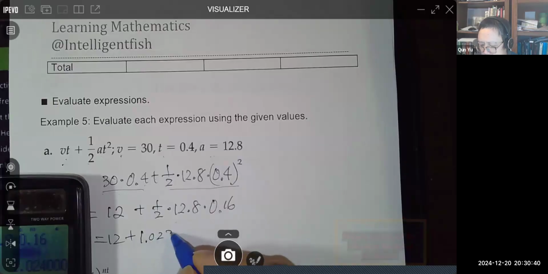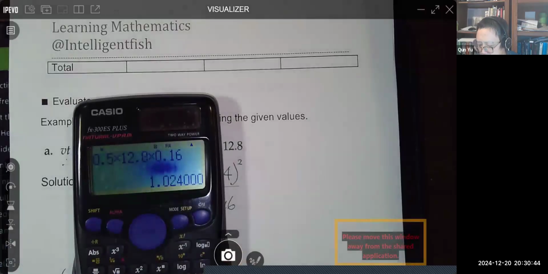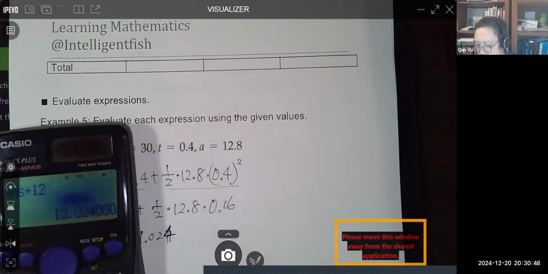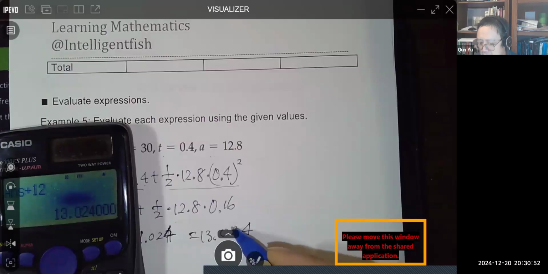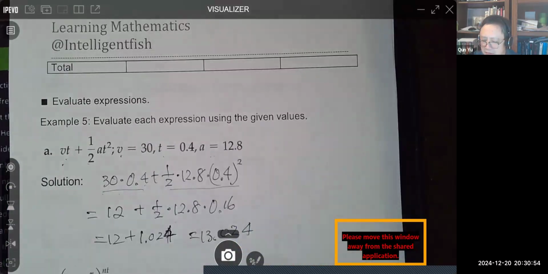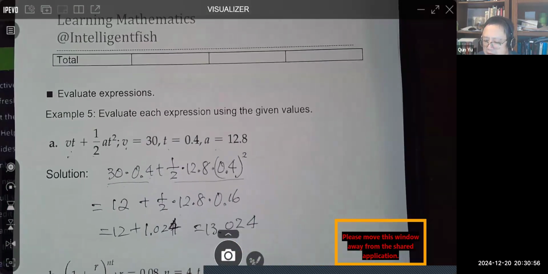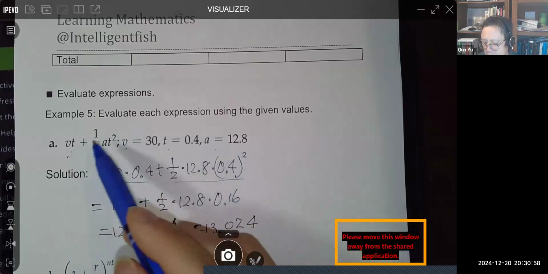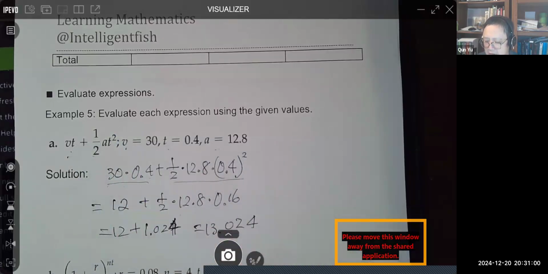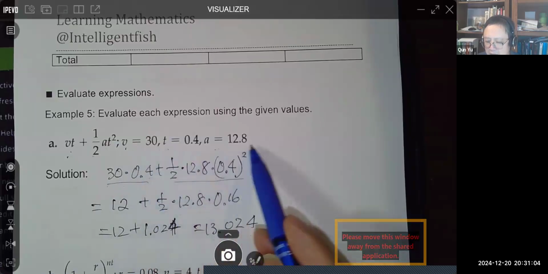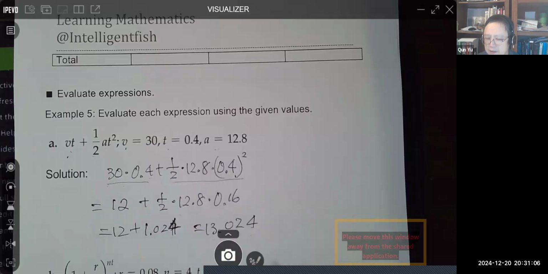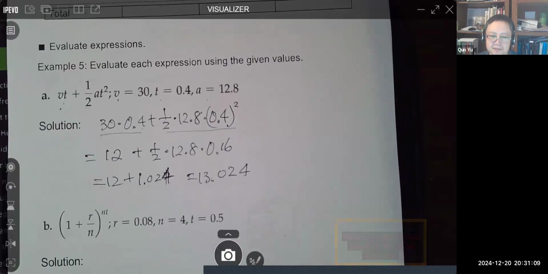Now all I need is add 12 to this result. So add 12 to it. I get 13.024. So that's the final answer. In other words, given these values, this expression is evaluated at this number. If you have a different set of numbers, this expression will give you a different number.